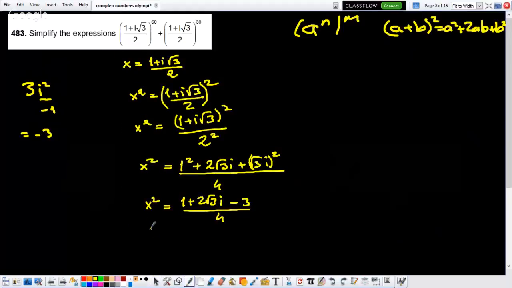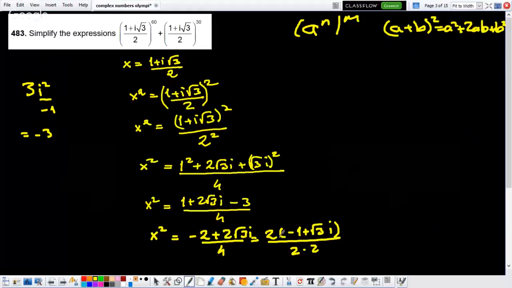Then x square is going to be equal to minus 2 plus 2 root 3 over 4. If I take out 2 as a parenthesis, 2 times (minus 1 plus root 3 i), sorry, I forgot i here, all over 2 times 2, which is equal to (minus 1 plus root 3 i) over 2.